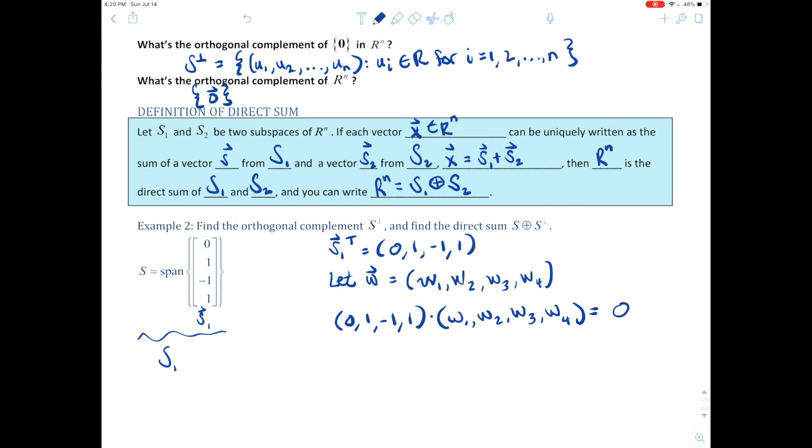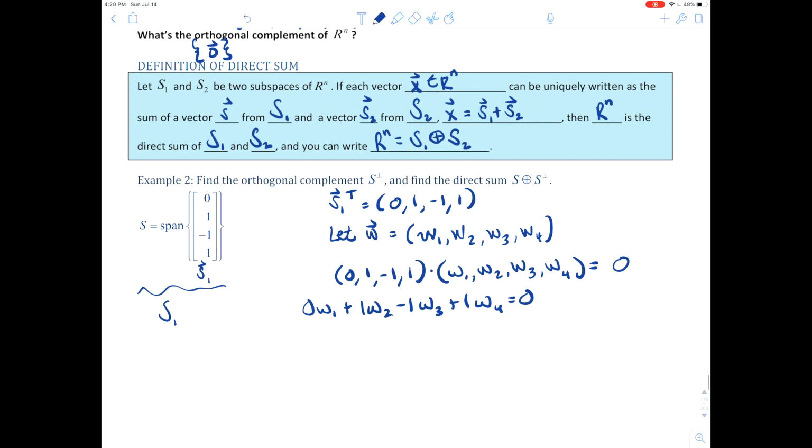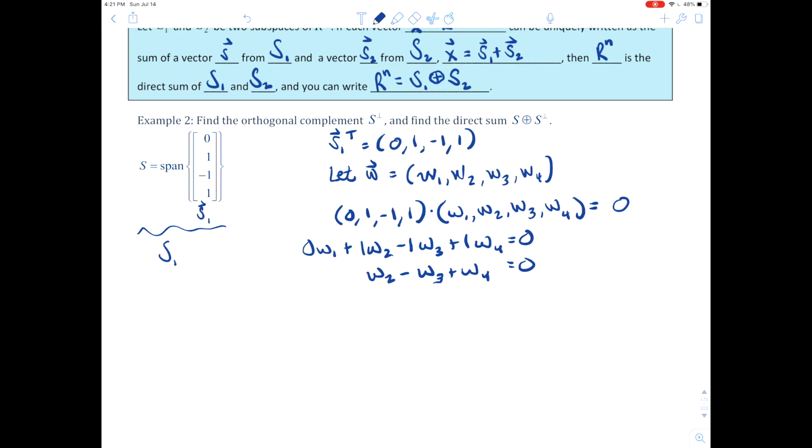We have 0 W1 plus 1 W2 minus 1 W3 plus 1 W4 is equal to 0. Good so far? So then that would just be W2 minus W3 plus W4 is 0. And so here there's going to be 3 vectors, right?